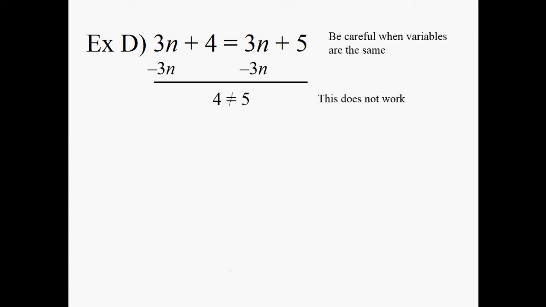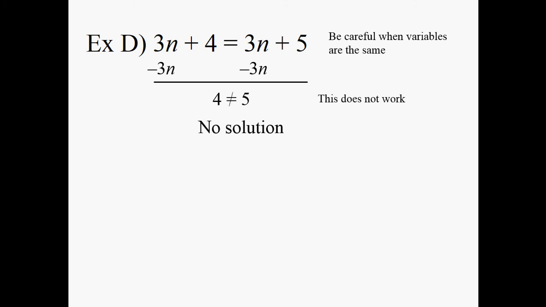Since 4 does not equal 5, what's my answer? Have you heard of this phrase before? No solution? Which once again means there's no answer. There's no value for n that will make this statement true.